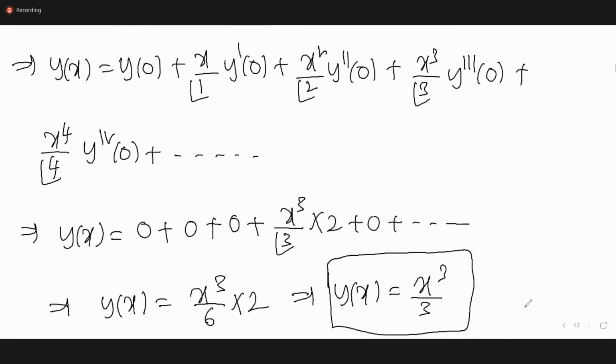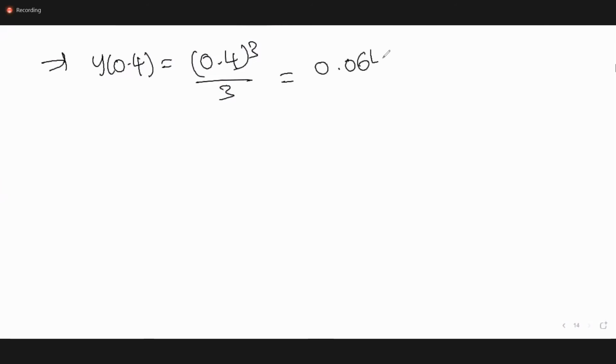Now we have to find the value at x equal to 0.4. So y of 0.4 is equal to 0.4 whole cube by 3. What is 0.4 whole cube? 0.064 by 3. So y of 0.4 is equal to 0.02133.